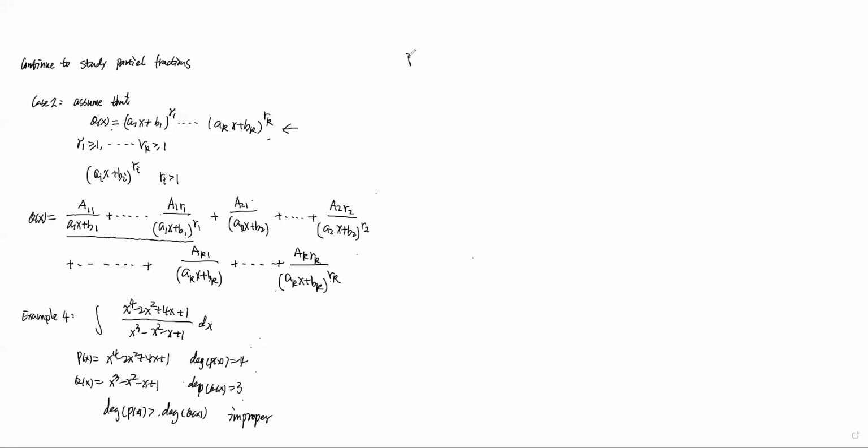By long division, we have (x^4 - 2x^2 + 4x + 1) over (x^3 - x^2 - x + 1) is x + 1 plus 4x over (x^3 - x^2 - x + 1).